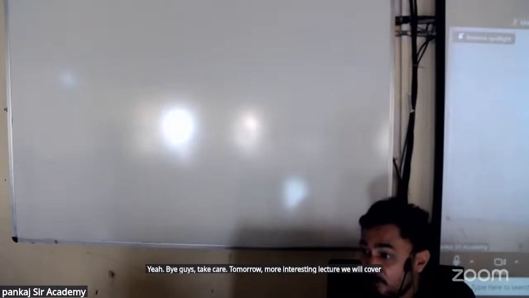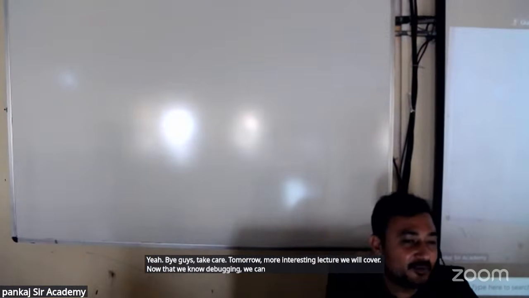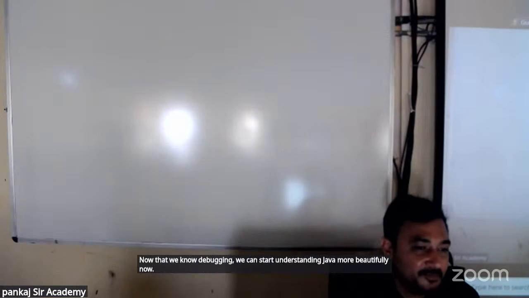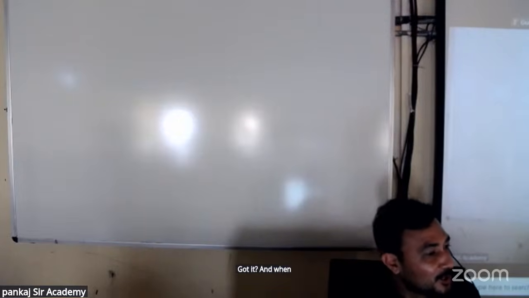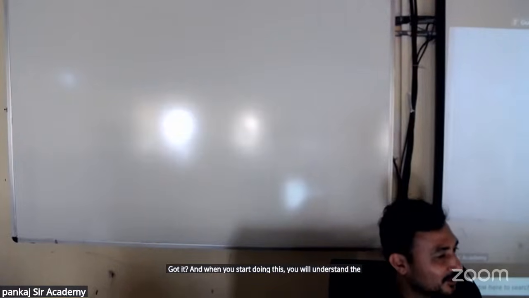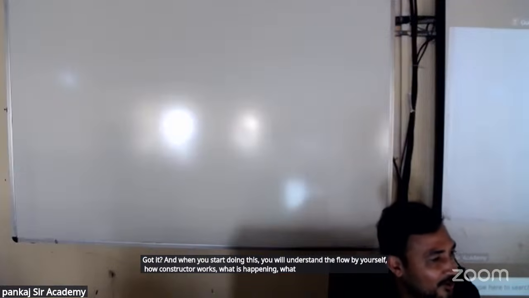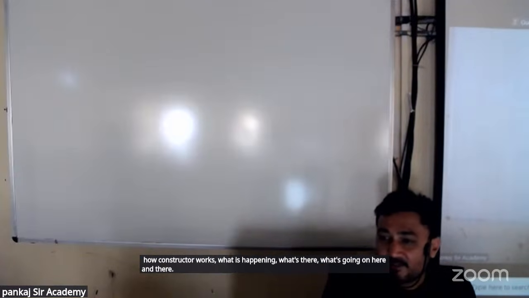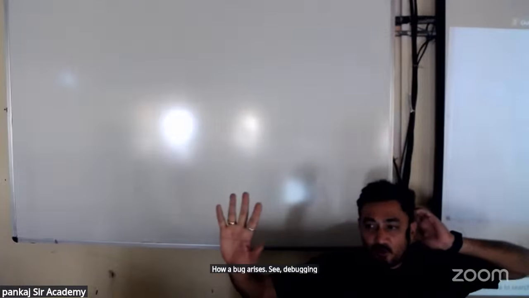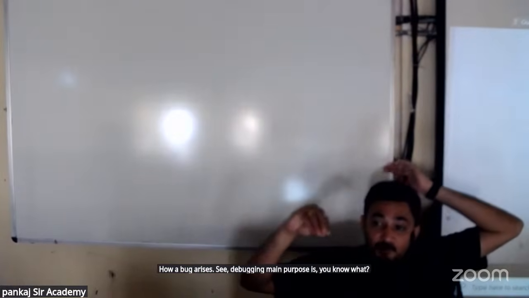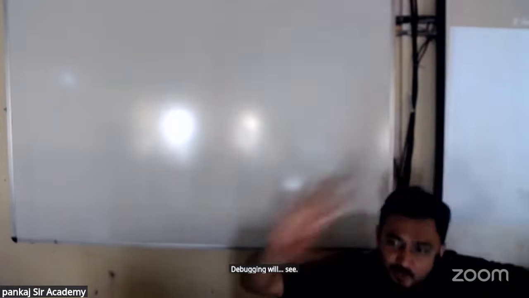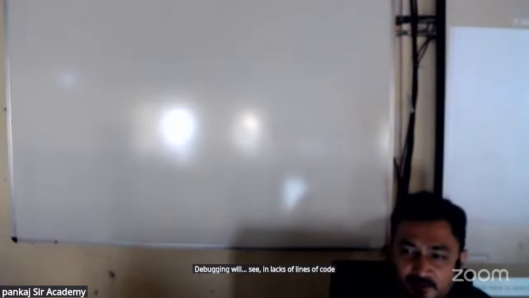Now that we know debugging, we can start understanding Java more beautifully. Got it? And when you start doing this, you will understand the flow by yourself: how the constructor works, what is happening, and how a bug arises. See, the main purpose of debugging is this: in lakhs of lines of code, somewhere a problem has occurred.